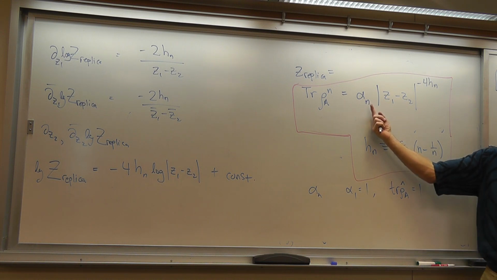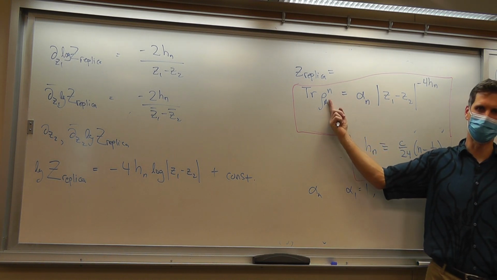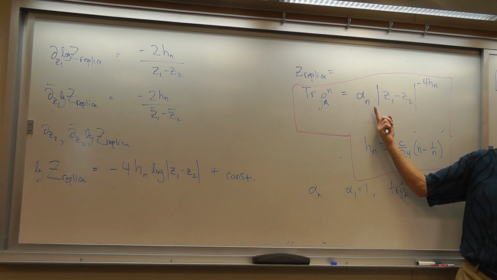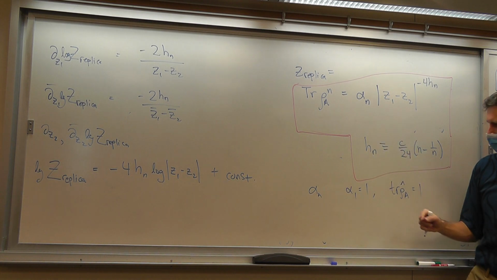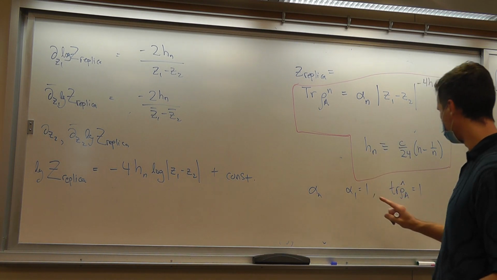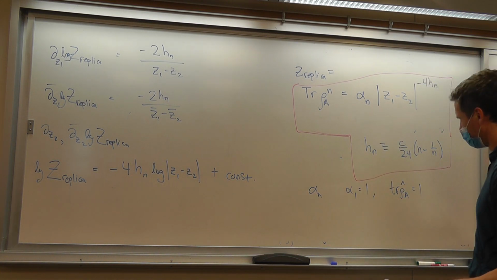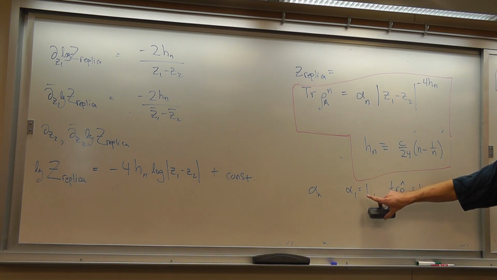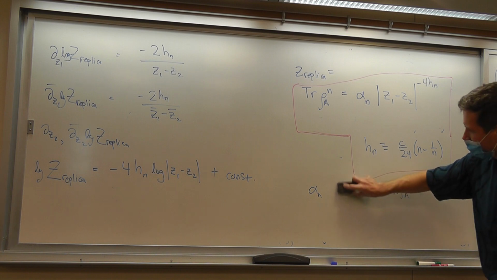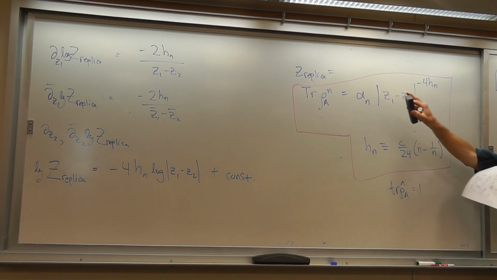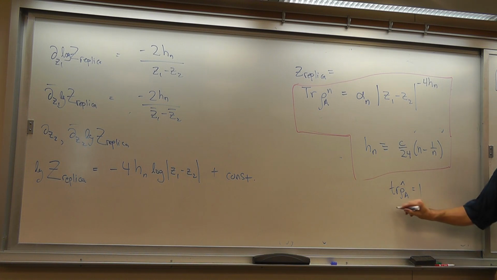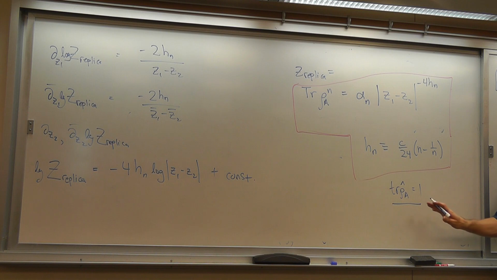Sorry, here I've written trace of rho. I've defined this alpha in terms of trace of rho as opposed to rho hat. So I think I mixed up my notation a little bit. This alpha does not have to be 1, but we do need the normalized thing to be 1.